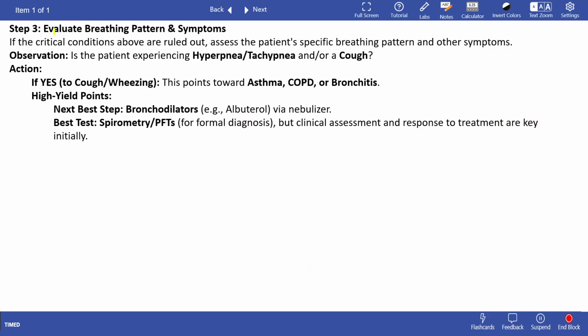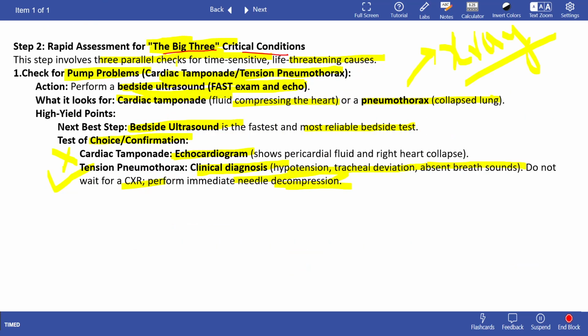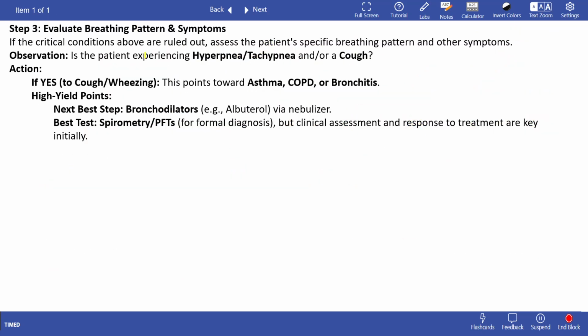Then, after doing all of these, we've checked for the big three, which was our second step. But the third step is we evaluate the breathing pattern and symptoms. So if critical conditions are ruled out, you need to assess the patient's specific breathing pattern.